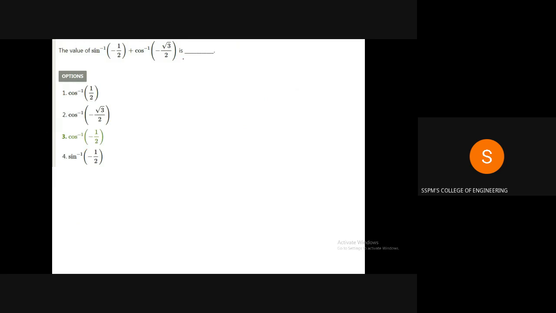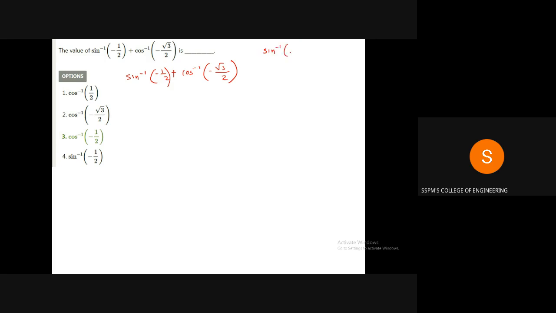Next question is sine inverse minus half plus cos inverse minus root 3 by 2. What is sine inverse of minus theta? We have already done this.